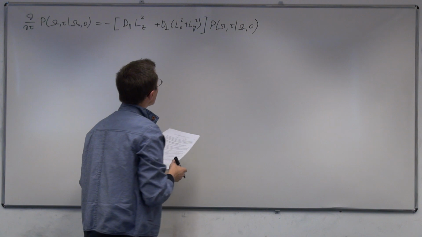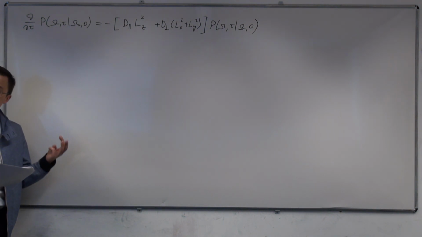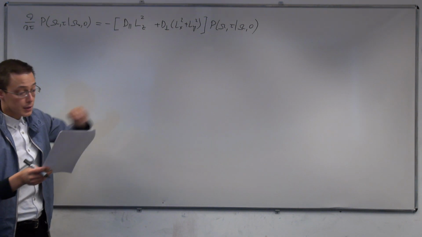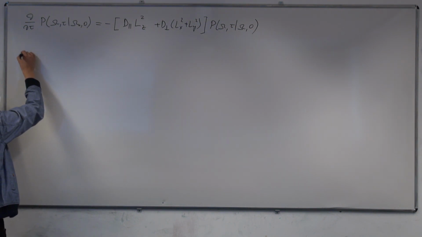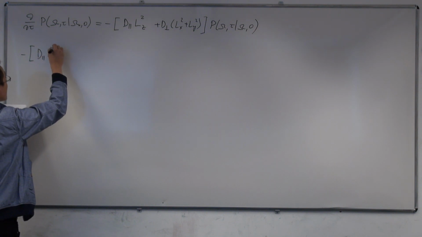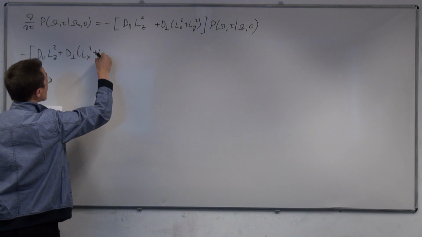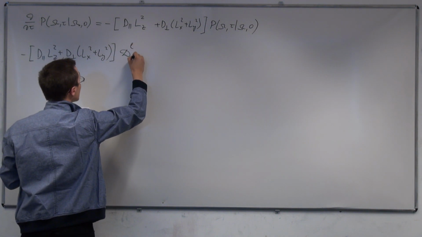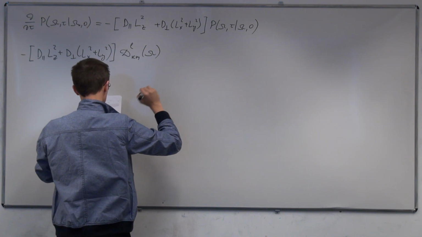Now the good thing about this equation is that the Wigner functions are still the eigenfunctions of this operator, but with different eigenvalues. You can establish it by direct inspection, but the following is true. D parallel Lz squared plus D perpendicular Lx squared plus Ly squared applied to the Wigner function D^L_km.